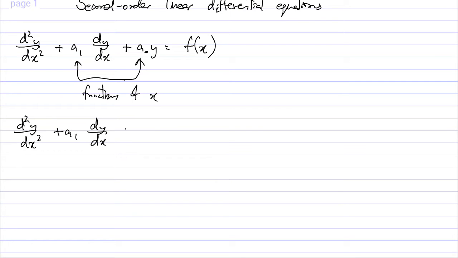The idea being that if you know the complementary function, that is, the solution to the homogeneous differential equation, this one, then you can figure out the solution to the non-homogeneous equation, this one. I'll show you why that is true.